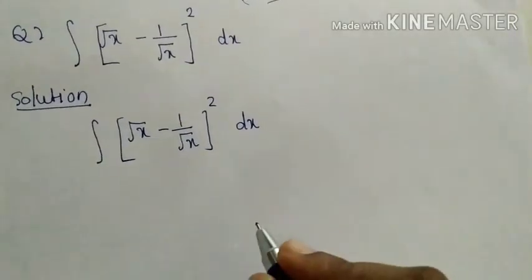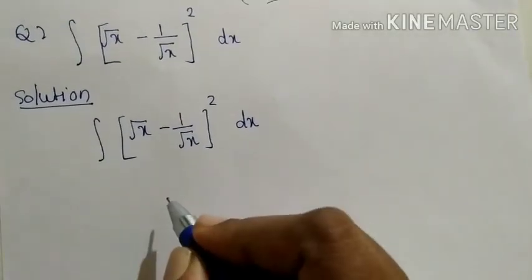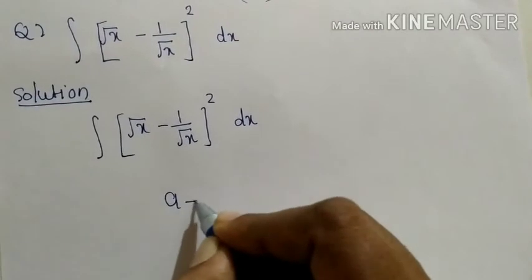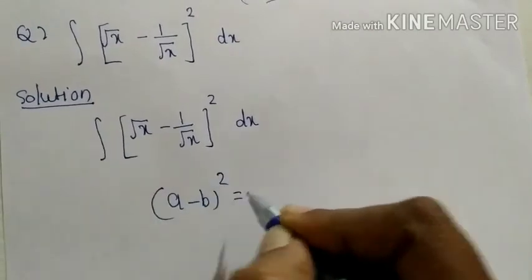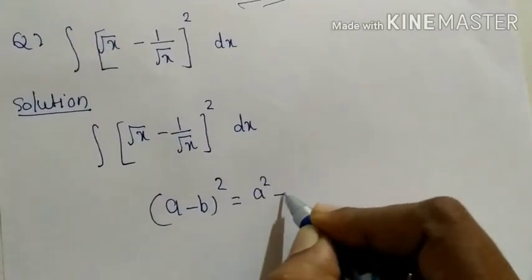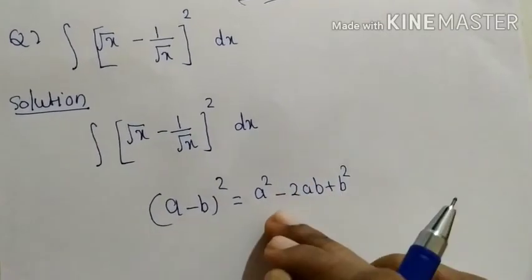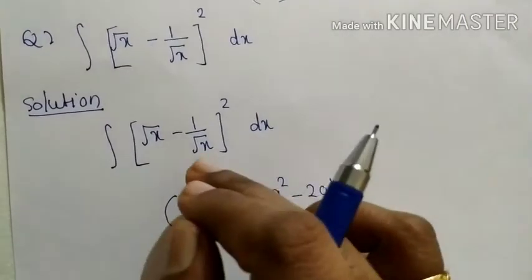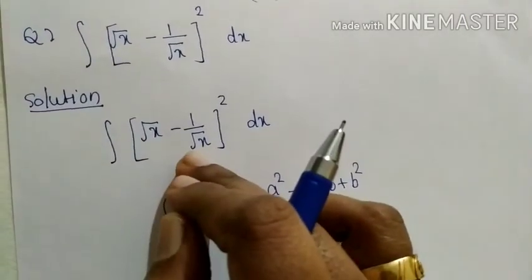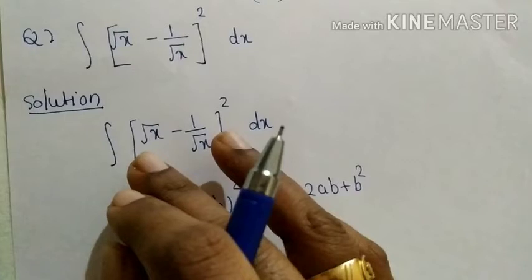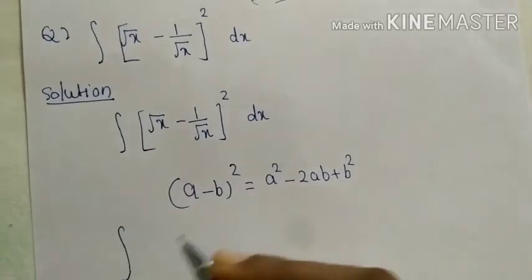So we know that it's an identity, right? The identity (a − b)² is a² − 2ab + b². By using this identity, we can expand the given function.